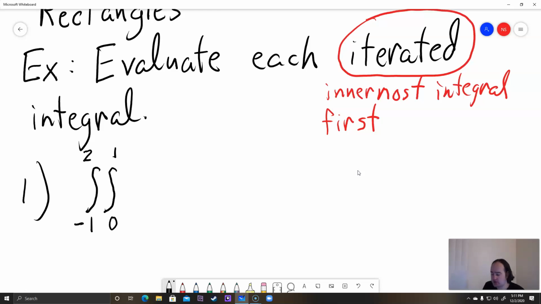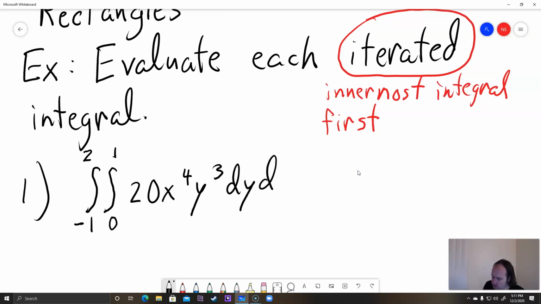Our function is a multivariable function, 20x to the 4th y cubed dy dx. So it's the integral from -1 to 2 and the integral from 0 to 1 of 20x to the 4th y cubed dy dx.